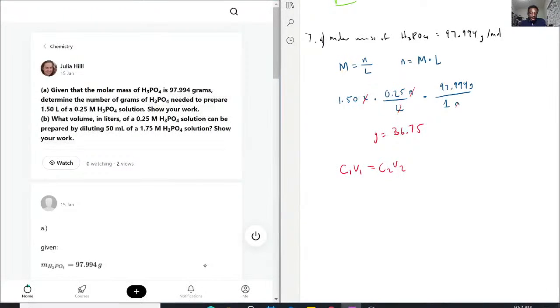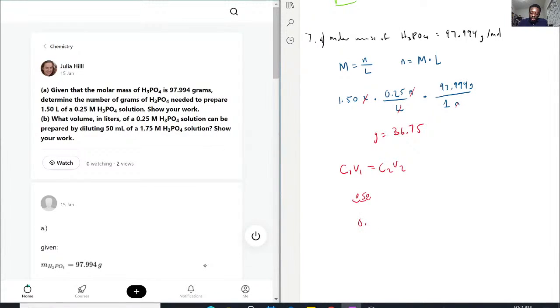We're going to use the 1 as the 50 mL and the 1.75 molarity. If we convert 50 mL into liters, it'd be 0.050.